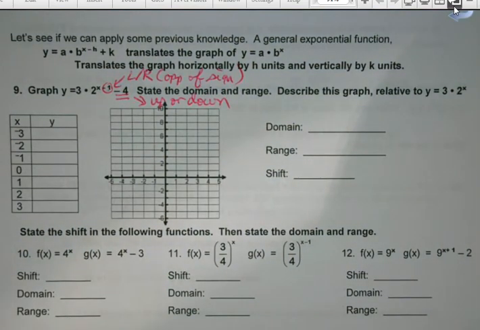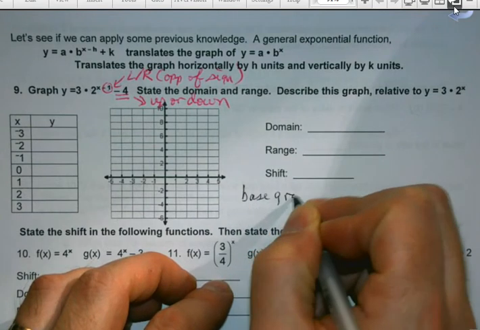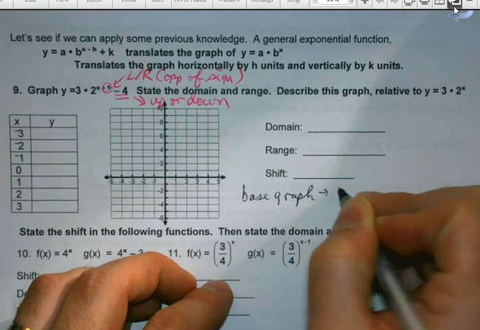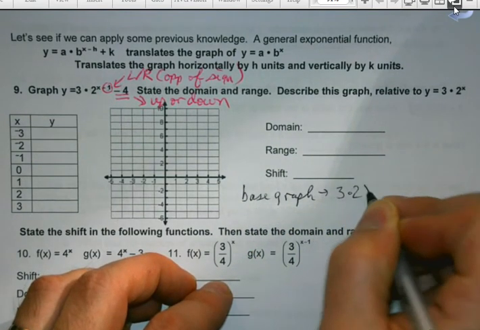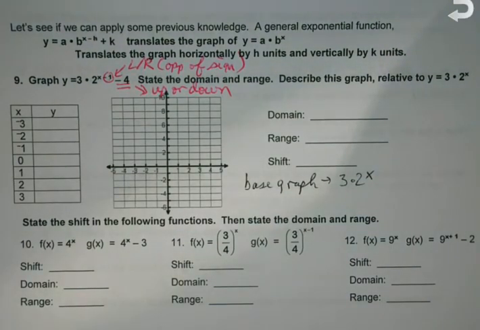So you're like, okay, so kind of how does this work? Here's how I'm going to have you look at this, because I want you to physically see how the shifts work. My base graph here is going to be what I would do if there were no shifts. So it's 3 times 2 to the x.